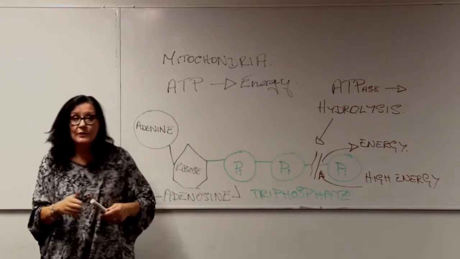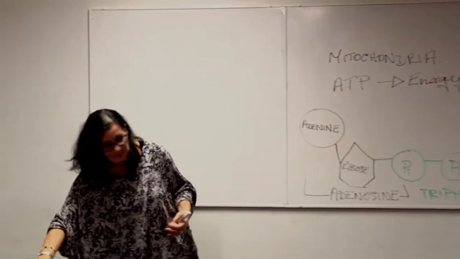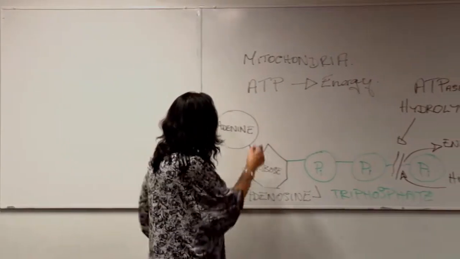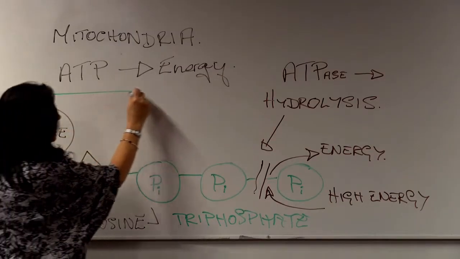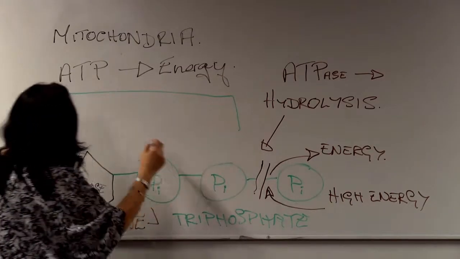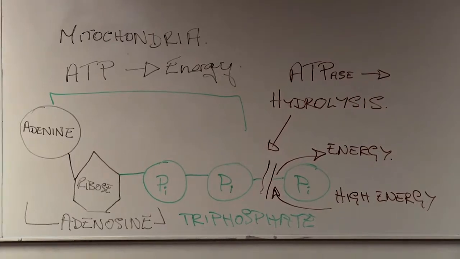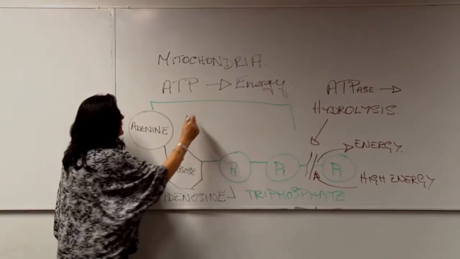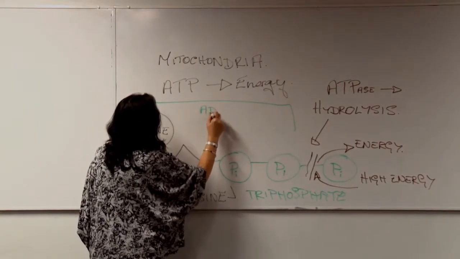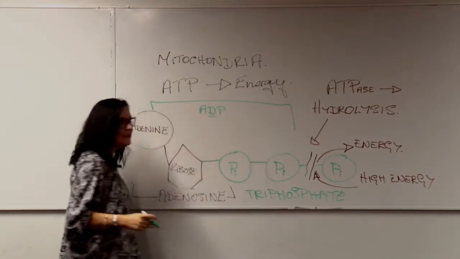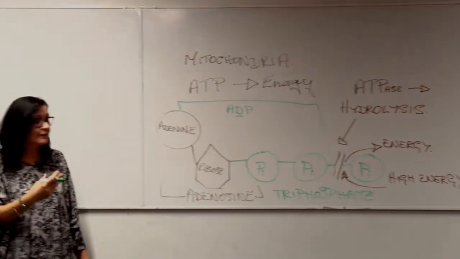Of course, you've broken the bond, so no longer do you have ATP. Now, we've got 2 phosphates. So lo and behold, we still have the A. We have ADP, adenosine diphosphate, for 2.